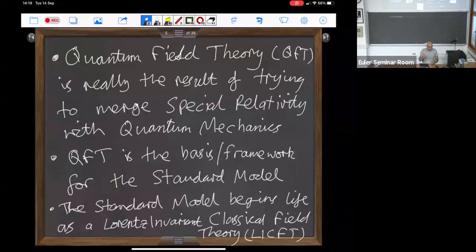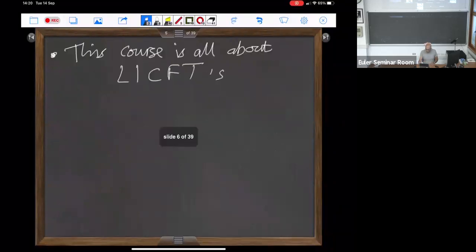At the beginning of its life, when you learn what the standard model is, the thing that you write down to begin with is a Lorentz invariant classical field theory, which is the kind of thing we're going to be focused on in this course. So this course is all about Lorentz invariant classical field theories.